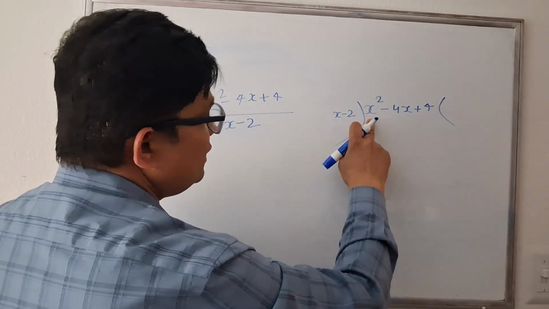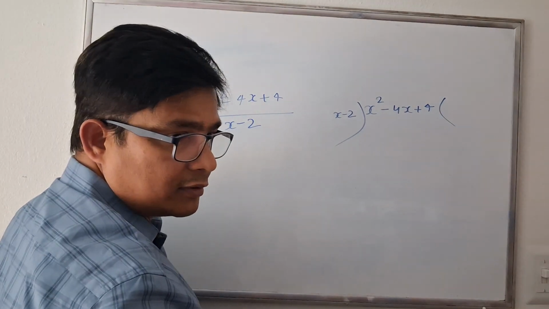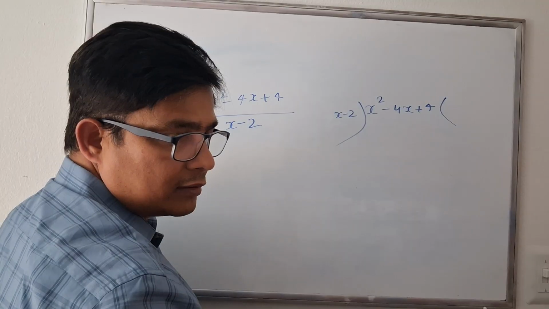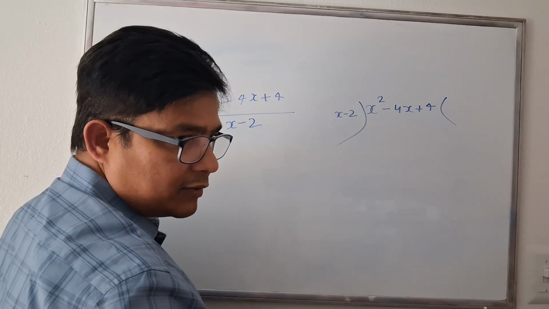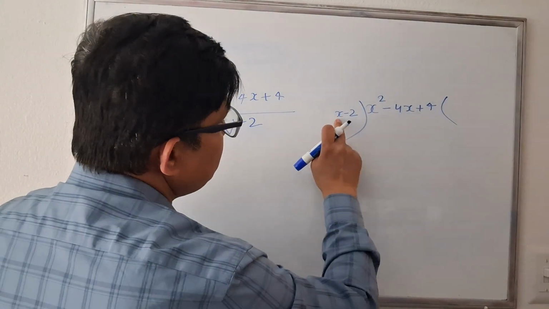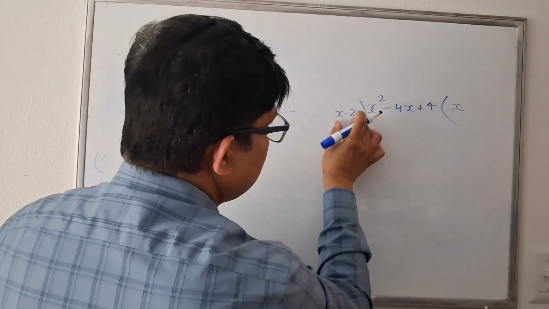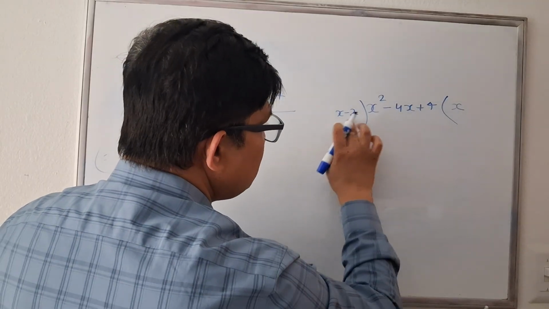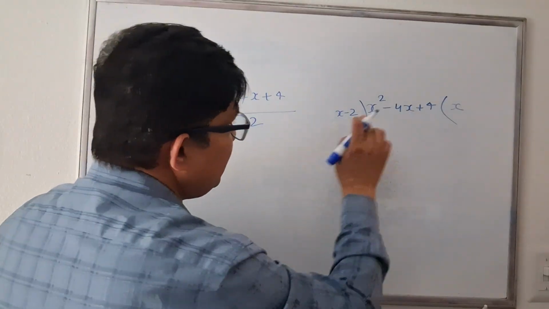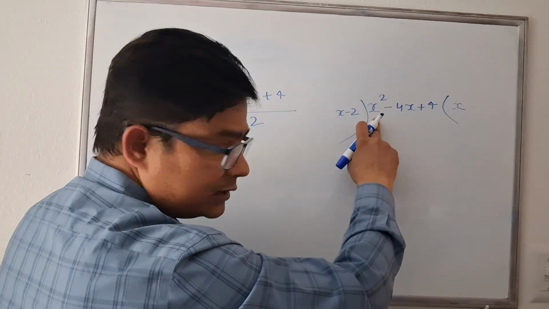So to remove x square, what should be multiplied to x minus 2? x times x. What did you get? x square. So if I write x here, then I will multiply these two terms by x. Don't worry about 2 or here 4x or 4. Just care about x square.